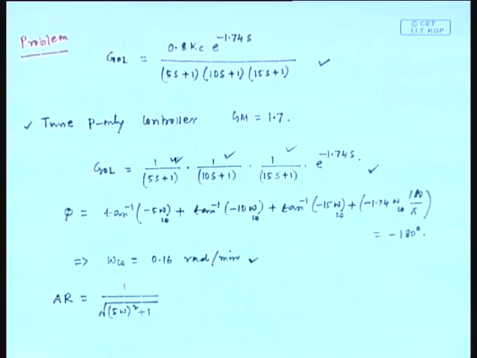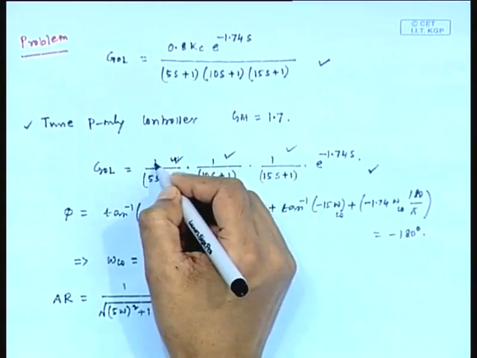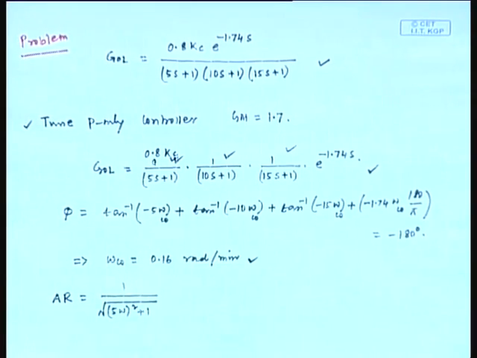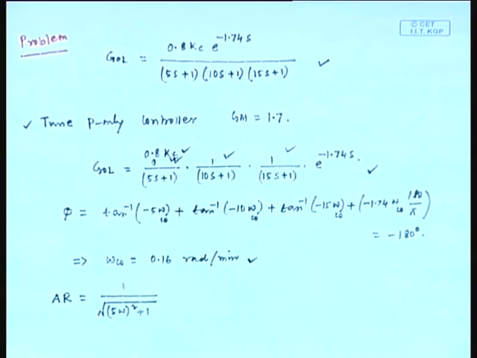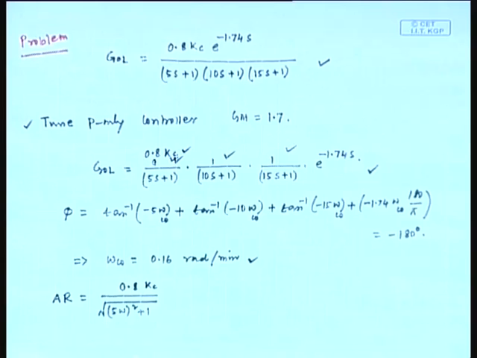Now, one thing we missed in this open loop transfer function, that is 0.8 Kc. We missed this numerator term 0.8 Kc. So, we can write here that term 0.8 Kc.